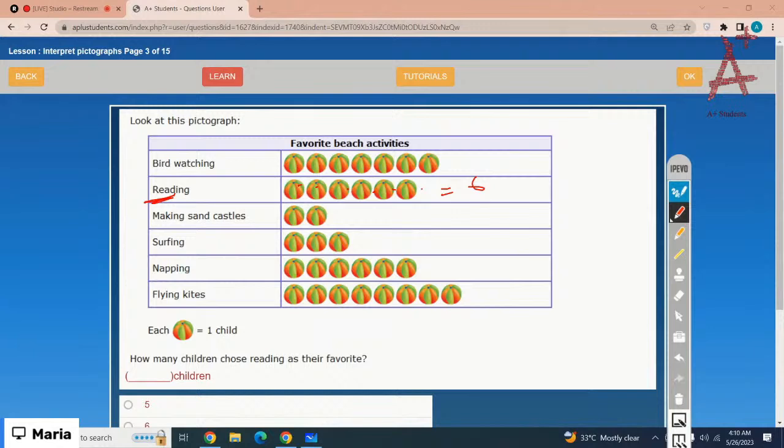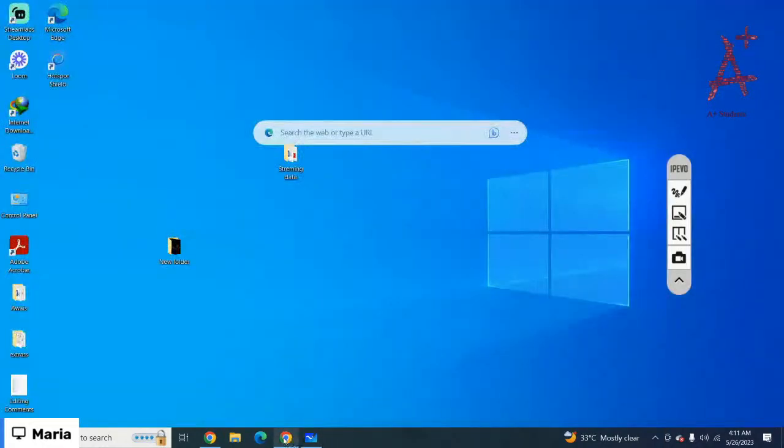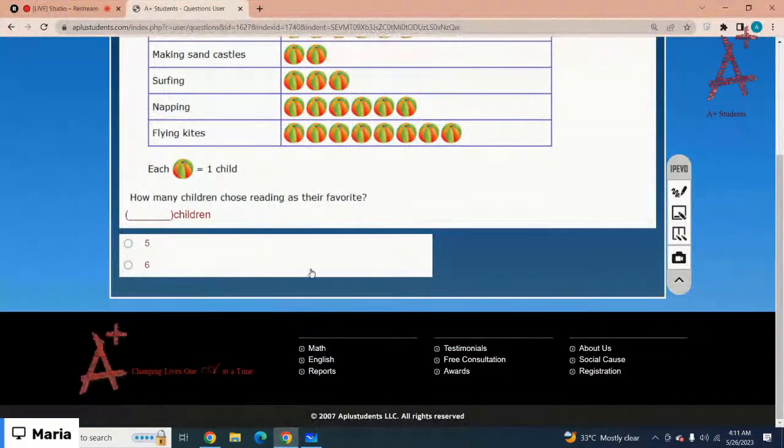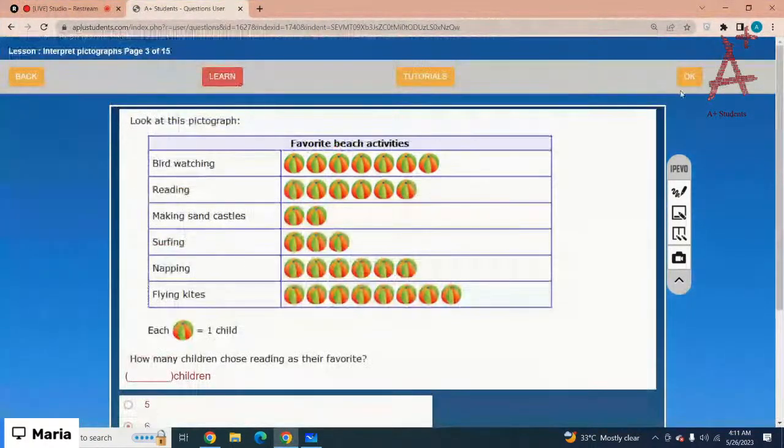So how many children chose reading as their favorite? It would be six. The correct option is six.